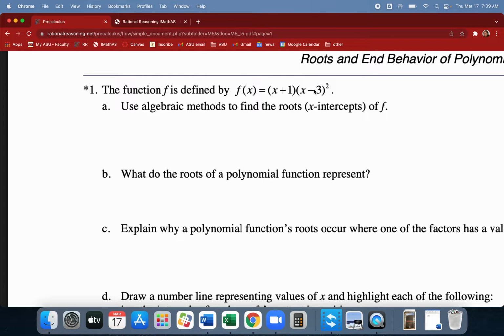If all I had was f of x equals x plus 1 without the x minus 3 squared, I would have a straight line, slope 1, that goes through negative 1 on the x-axis. Well, it would also go through 1 on the y-axis. It will also go through here. Now there's some other things, but right around here, this would look just like y equals x plus 1.